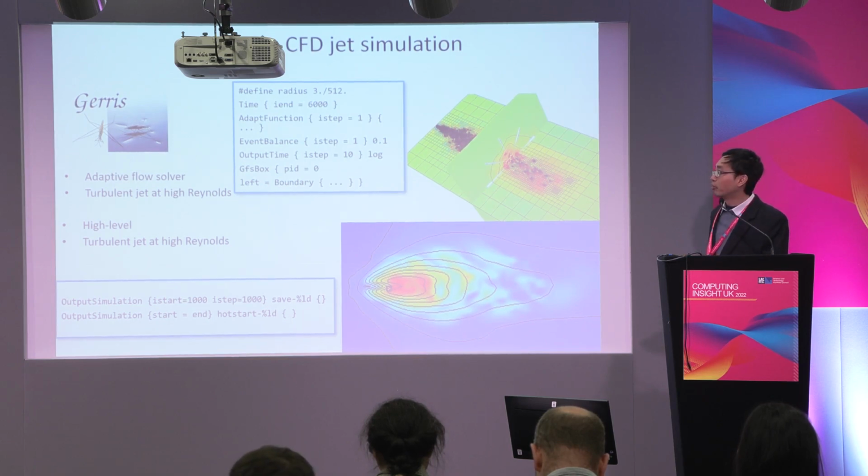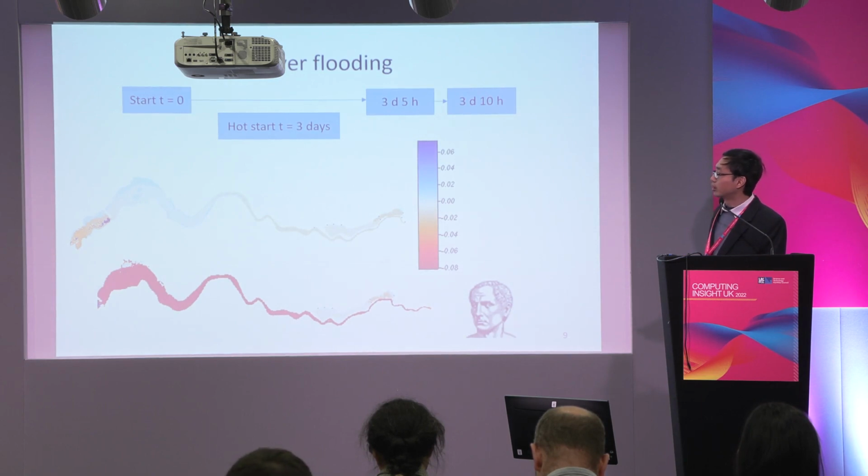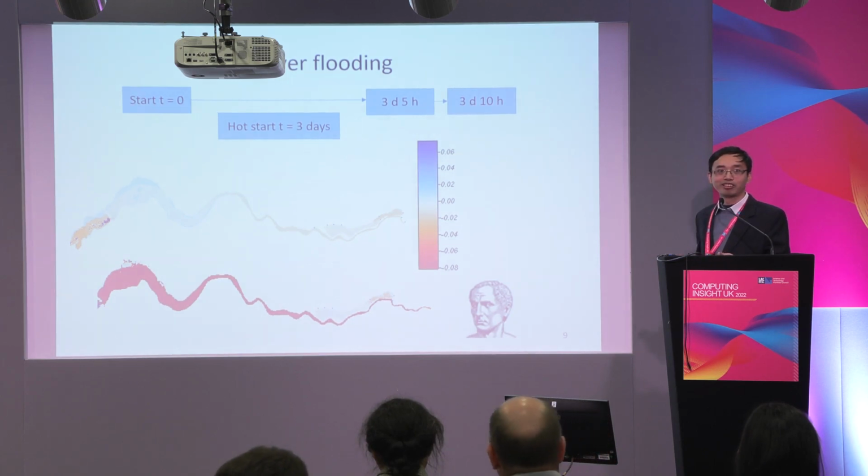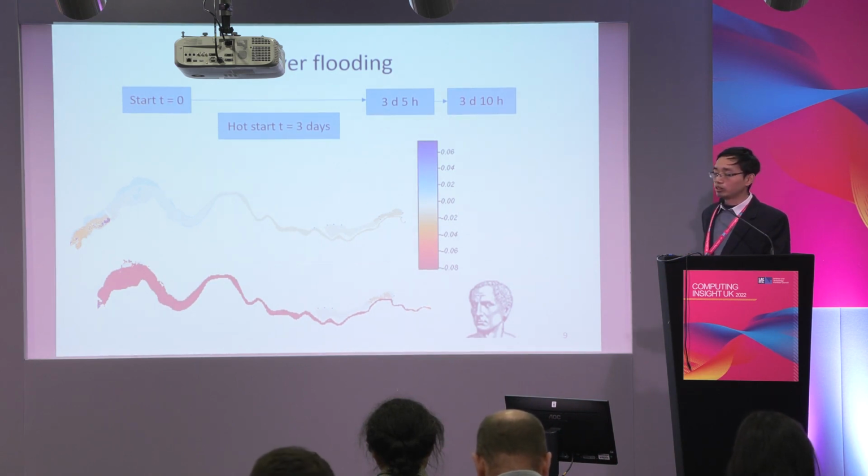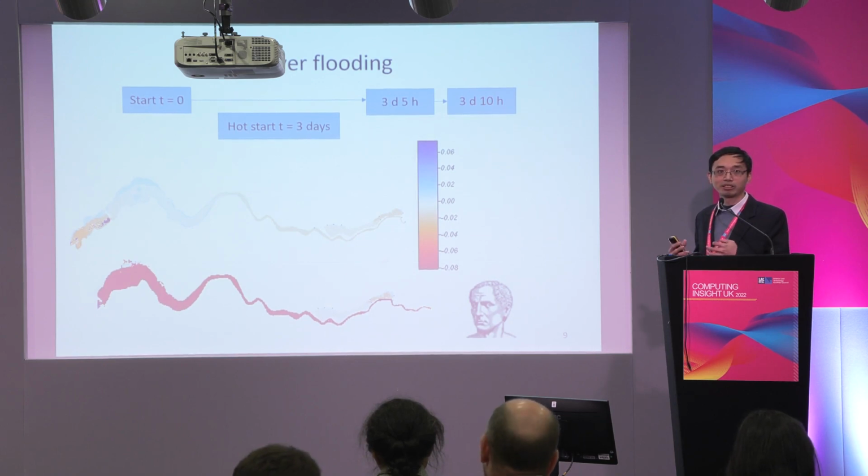But for some models like these river flow models, we are out of luck. They have no hot start capabilities. So what we can best do is delve into the code and write some extension to the initial condition, so we can feed the output file into the initial condition.